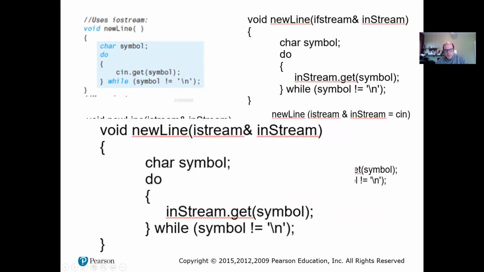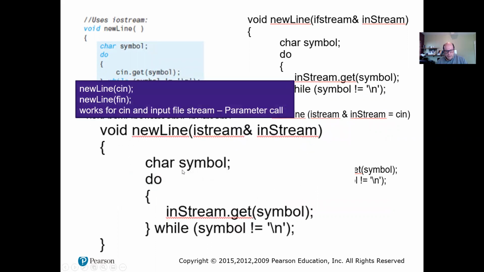If I'm using this one, keep note, I am using istream, not ifstream. This one, I can pass cin, and I can pass a file input stream or whatever we want. So we can use it for both of them in this one.